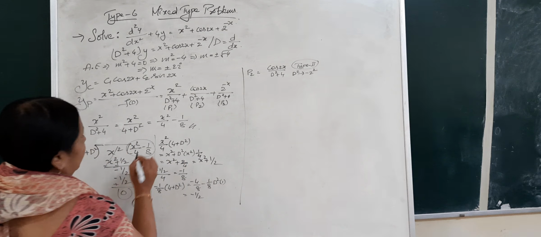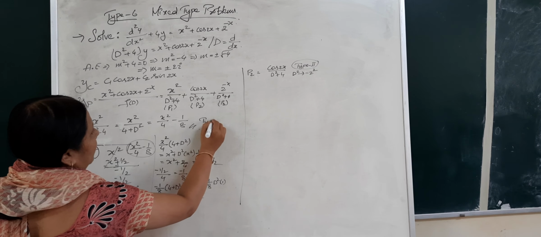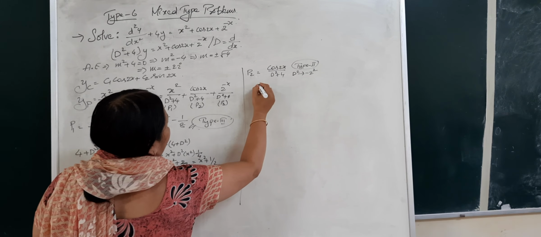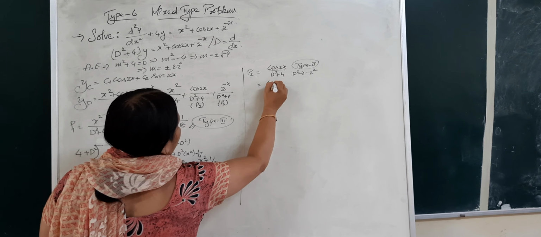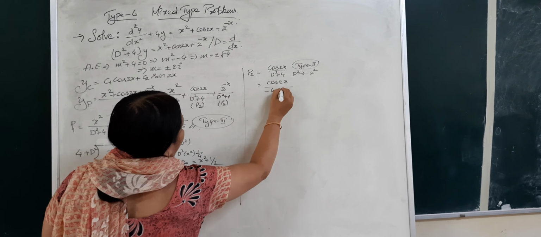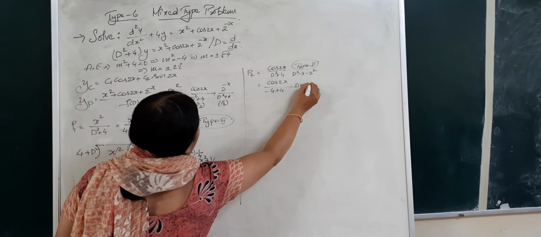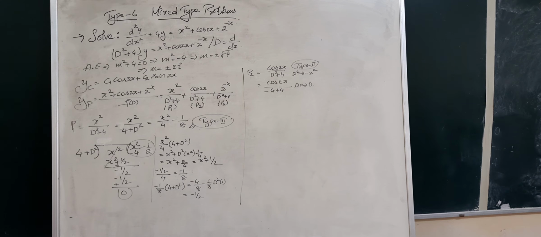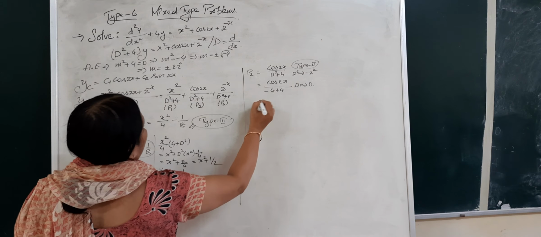Here I forgot to mention the type. I have applied type 3 in the first case. Anyway, applying this we get cos 2x divided by minus 4 plus 4. My denominator is going to be 0, so we cannot apply this.